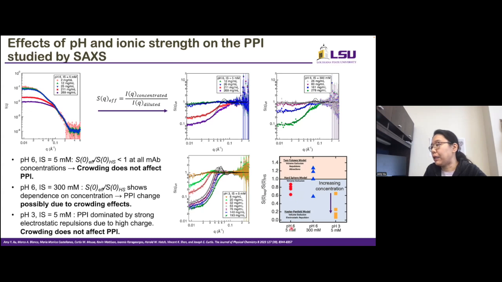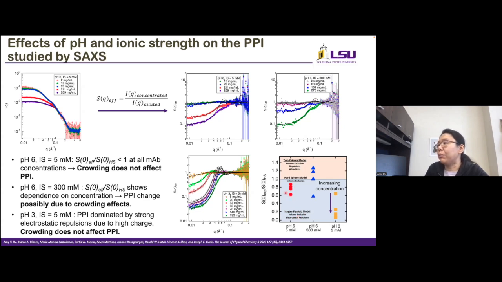However, at pH 6 with low ionic strength, even though the structure factor ratio goes further away from 1 with increasing concentration, these ratios are all collectively below 1, suggesting that the structure factor profiles were fitted using the Hayter-Penfold model to account for additional electrostatic repulsions.